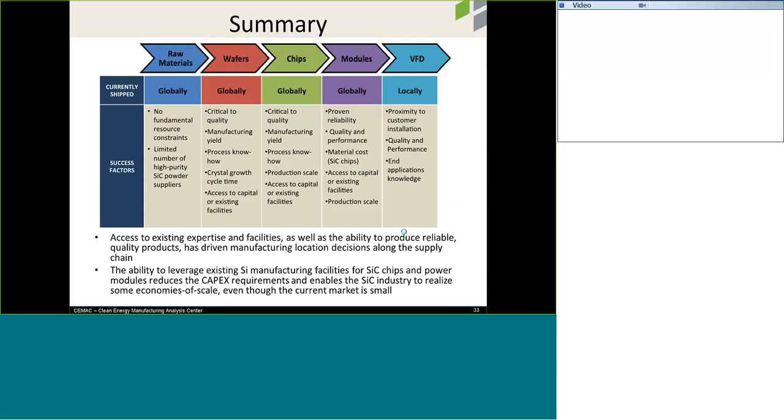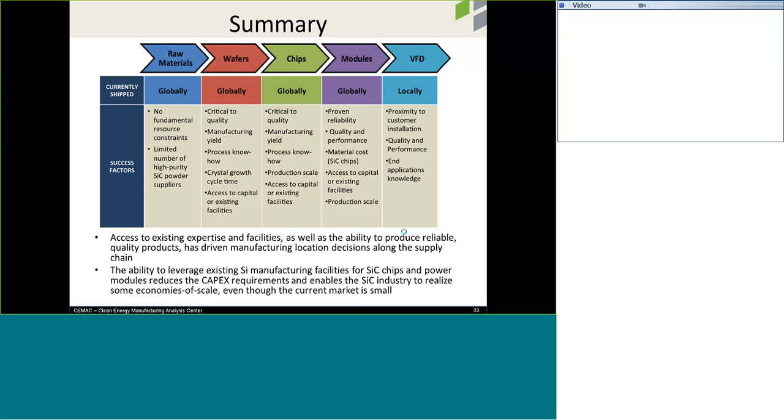So from our bottoms-up modeling and our interviews, we found that across the entire value chain, quality is critical. That's really what people are looking for. We found that with wafers and chips, the manufacturing yield is highly influencing what the cost is, and that you are going to be more successful with more processing know-how.